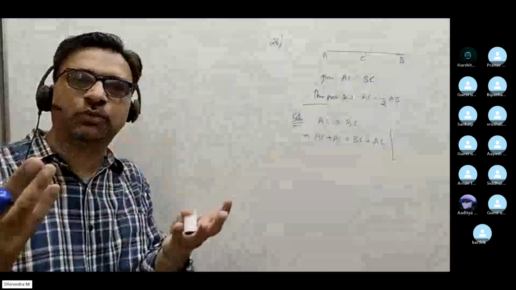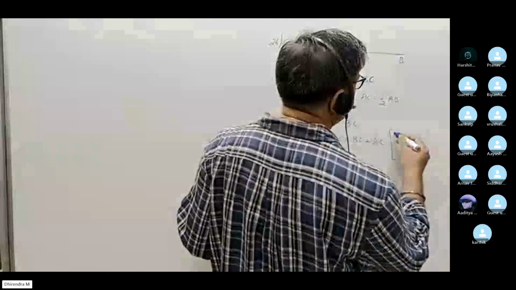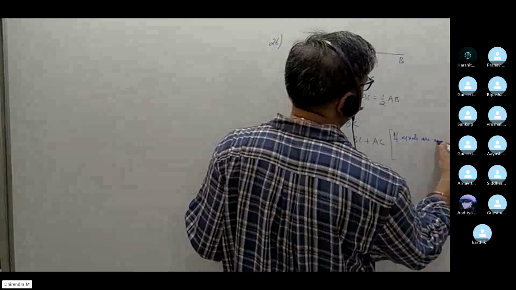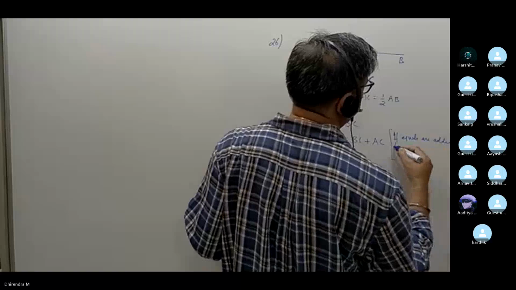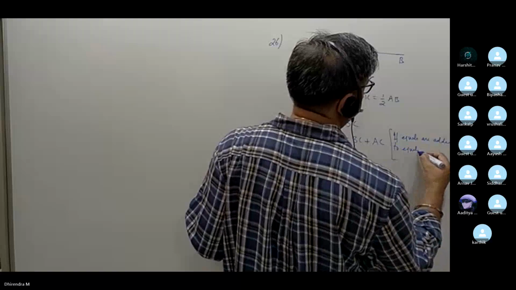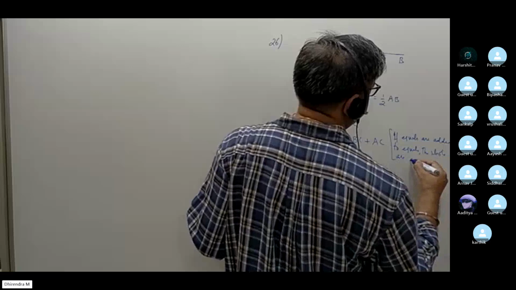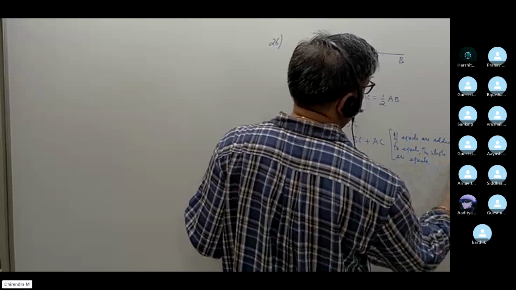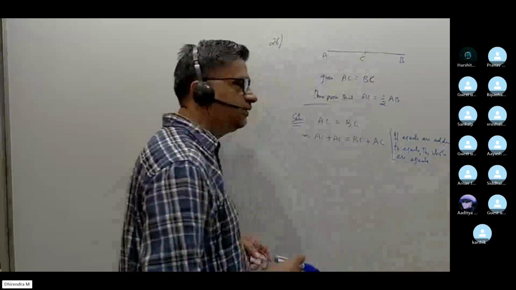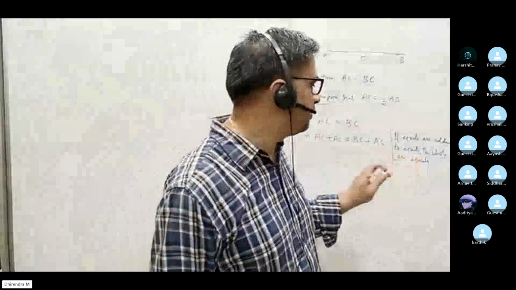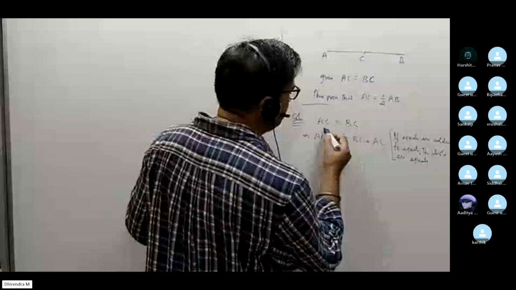I have added AC and AC. If equals are added to equals, the wholes are equal. Aditya's favorite, right? Euclid Geometry, Aditya.